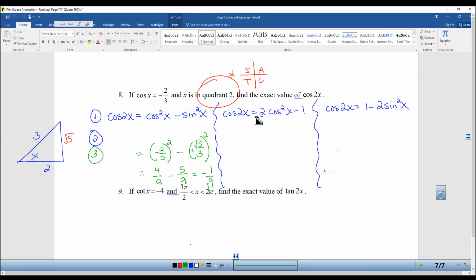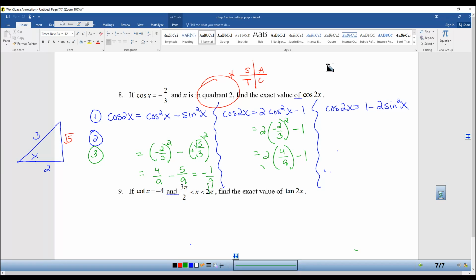If I choose this formula, then I'll have 2 cosine is 2 over 3, but it's negative because I'm in quadrant 2, which gives me 2 over, and then this is 4 over 9.